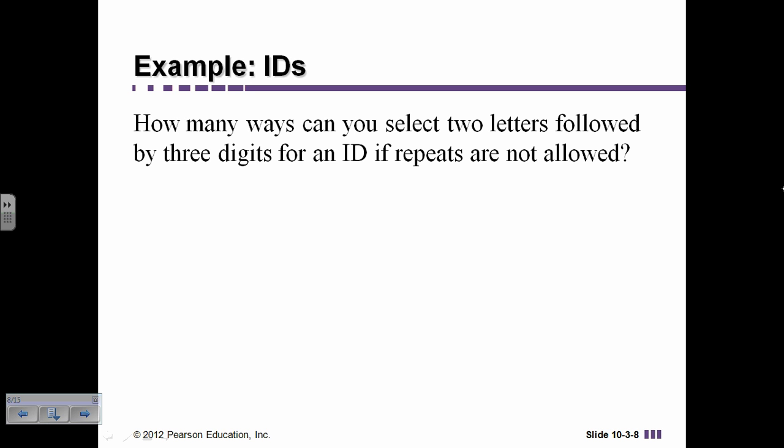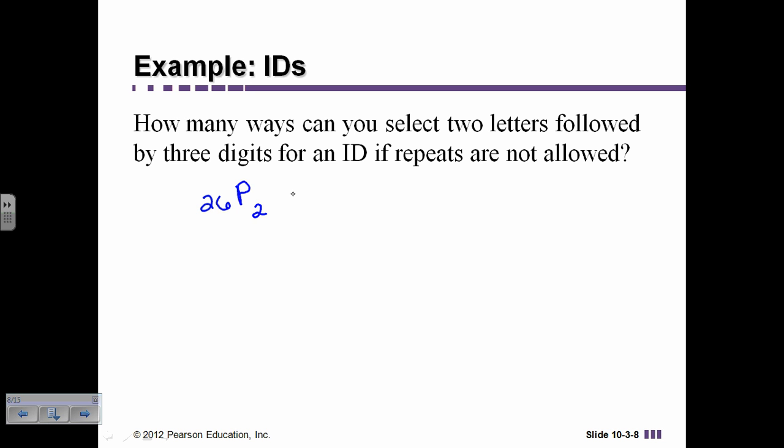There are 26 letters in the alphabet. So we're trying to choose combinations of 26 letters, and we're doing a permutation, and we want 2 letters each. And so permutations do not allow repeated numbers.